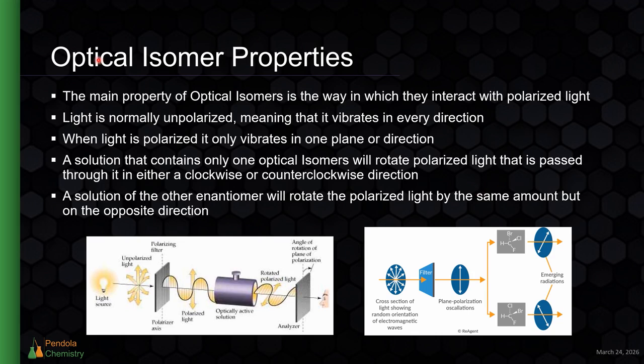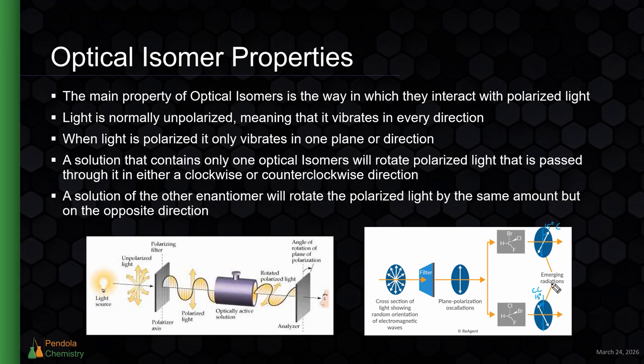So optical isomers are going to rotate, and this is the one you're going to be asked about in your exam, polarized light by the same amount, but in opposite directions. So it's important to say that it's by the same amount. If this was the original line, and this one rotated by 15 degrees clockwise, then this one is going to rotate the polarized light by also 15 degrees, but counterclockwise.